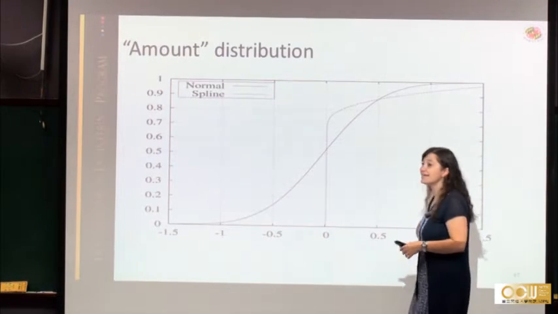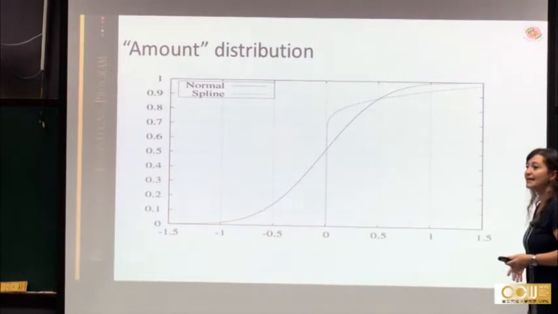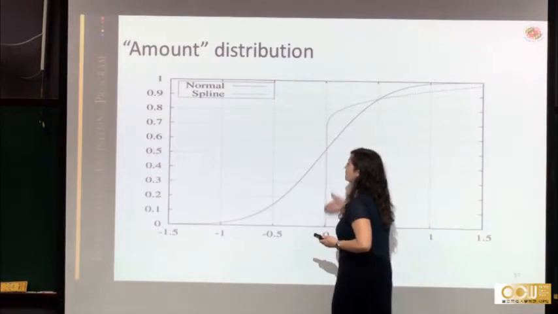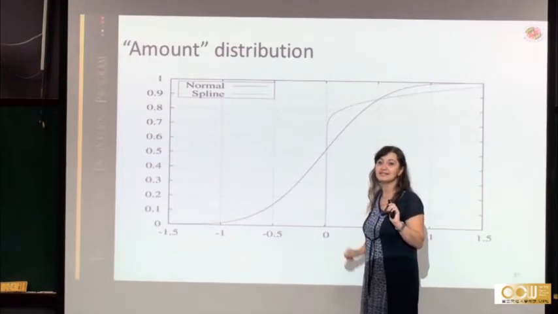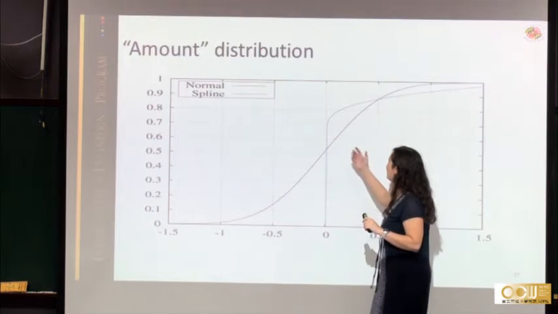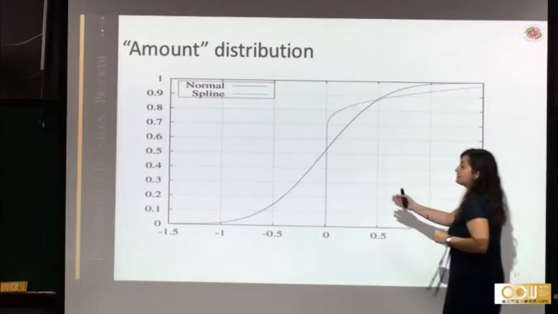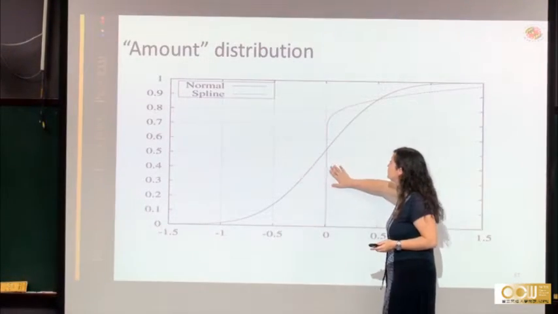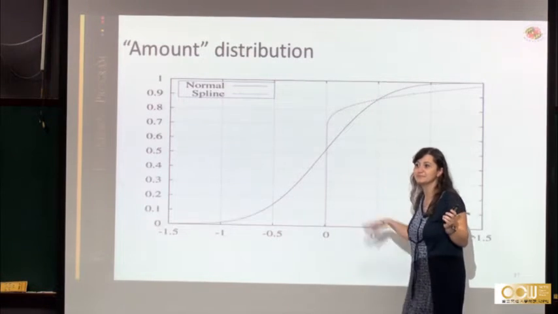So this was one of the cases in which applying the B-spline really gave me an idea that there was a big mass at 0. Unfortunately, it was not like that in transportation, but for this example it was very clear. I think this was a very successful application, because the non-parametric gave me the possibility to understand that there was a huge mass at 0. And it's impossible to recover this from the normal, because the normal was saying 50-50.